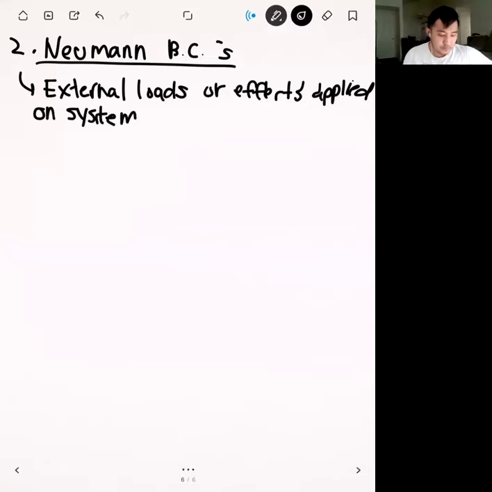What's unique about Neumann boundary conditions compared to Dirichlet is that these don't involve the solution variables directly.